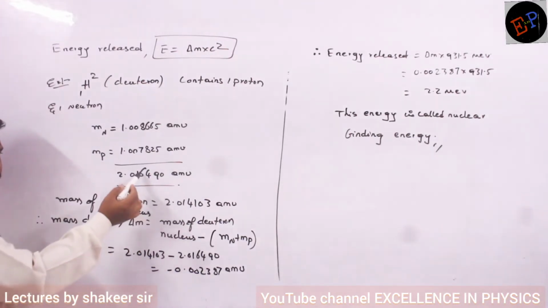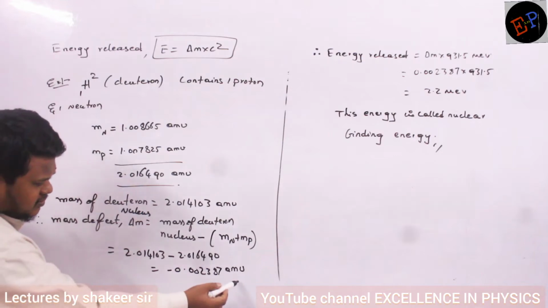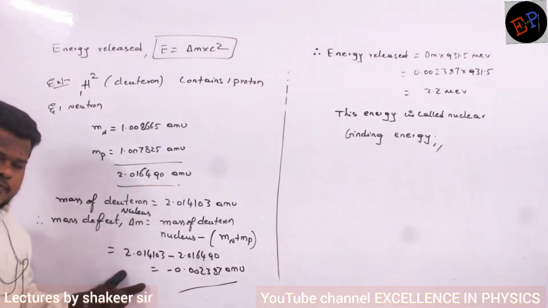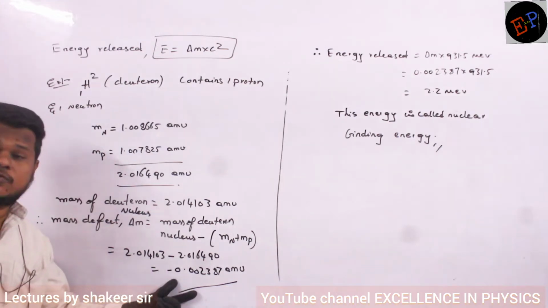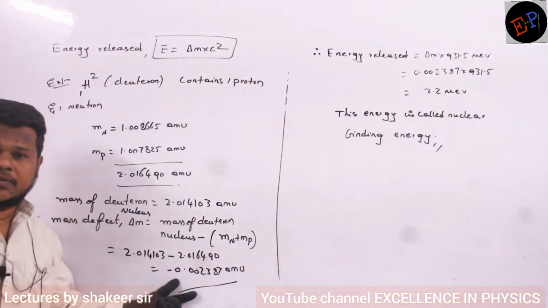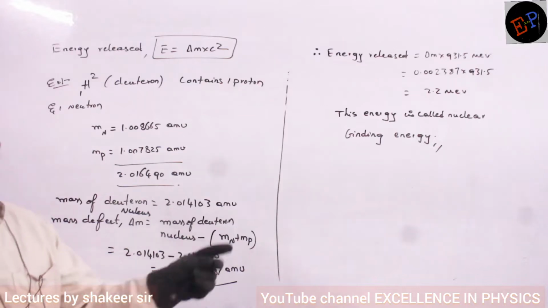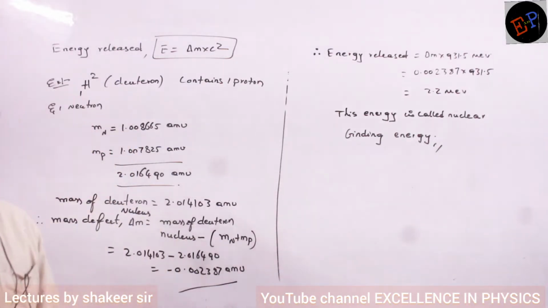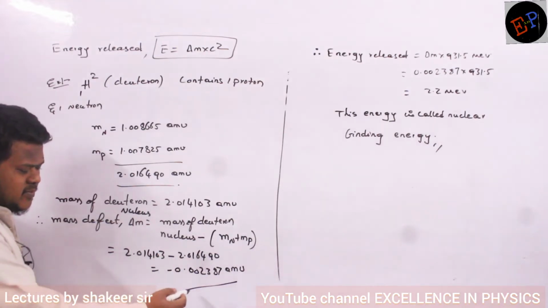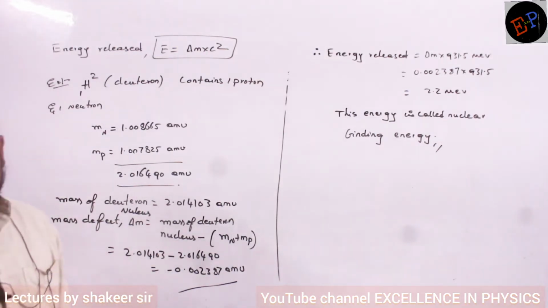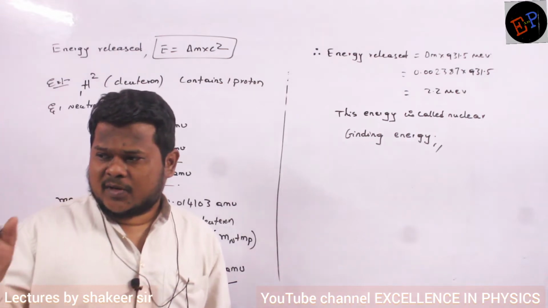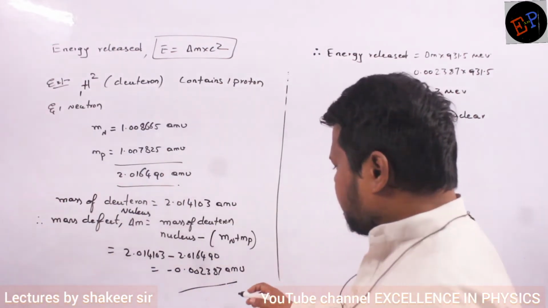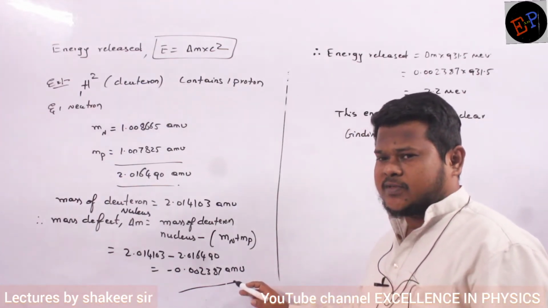This value minus this value, so this is the value which I got. It means that this much amount of mass has disappeared. This much mass disappeared in the process of the nucleus forming. So this is the amount of mass which has disappeared when this nucleus was formed. So this mass I can convert into energy also, by using which relation?